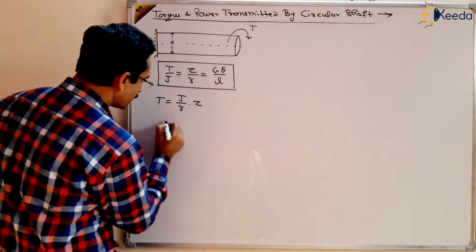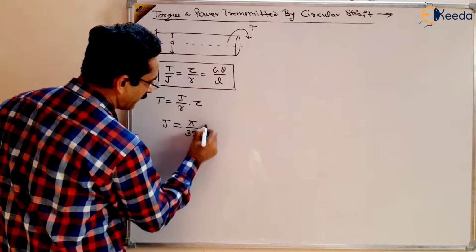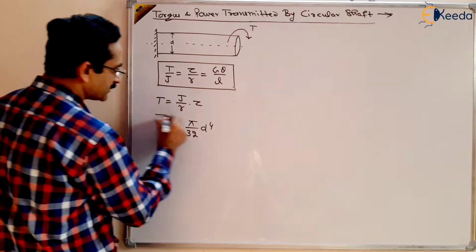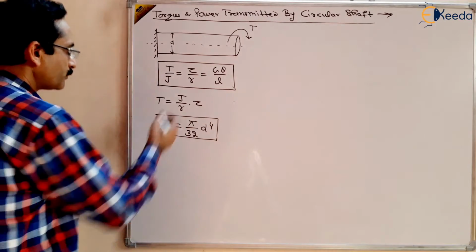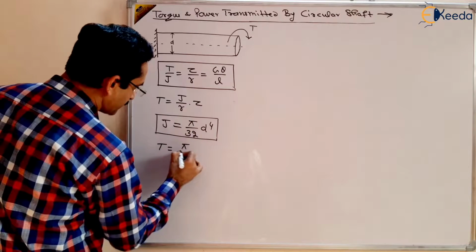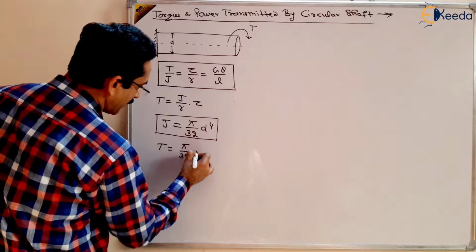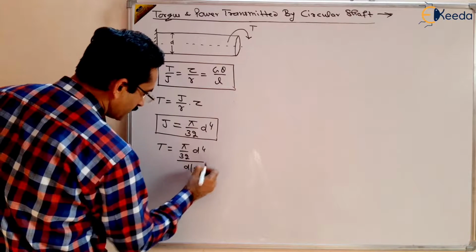You know that the polar moment of inertia for a solid shaft is pi by 32 d to the power 4. We showed this in the previous lecture. Put it here: T equals pi by 32 d to the power 4, and R is d by 2, multiplied by tau.